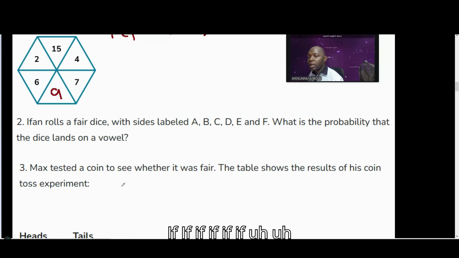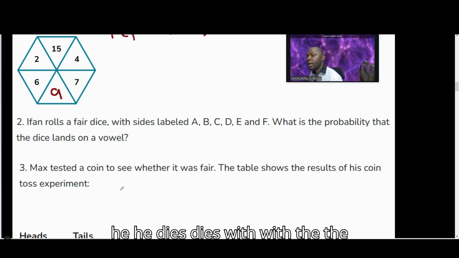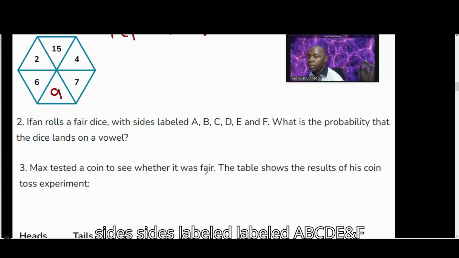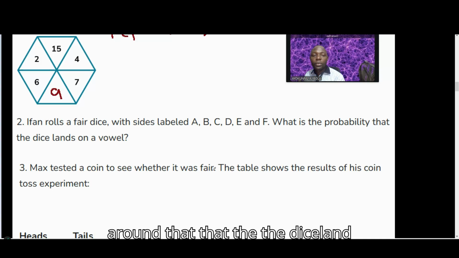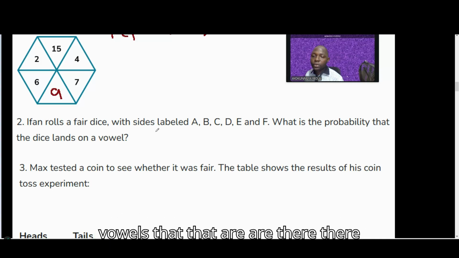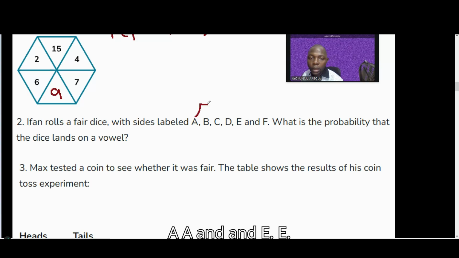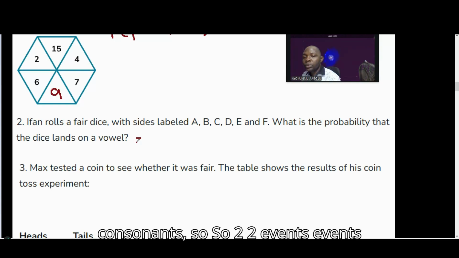If someone rolls a fair dice with the sides labeled A, B, C, D, E, and F, 6 sides, what's the probability that the dice lands on a vowel? The vowels that are there are A and E. All the rest are consonants. So two events required.